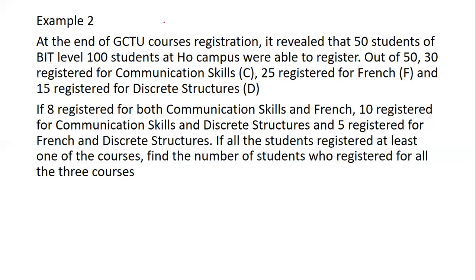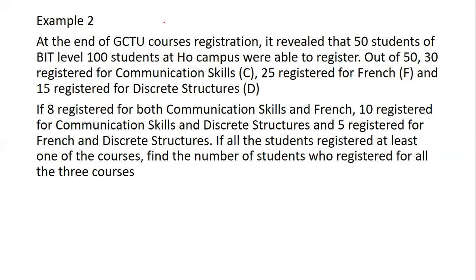So here we are talking about the cardinality. We are given almost all the cardinalities apart from the intersection of all the 3 courses. So here you can't just go and list down the members. No, you must go by the formula or draw the Venn diagram. Good. Now we denote the various courses by their initials.